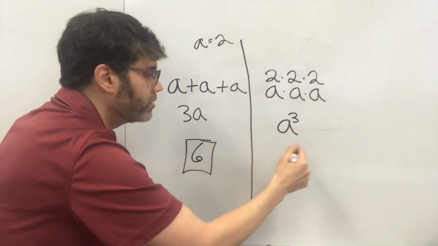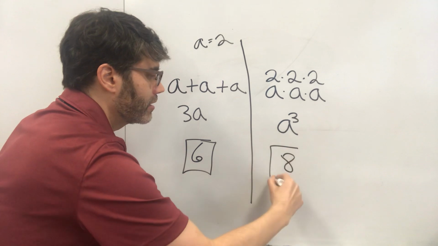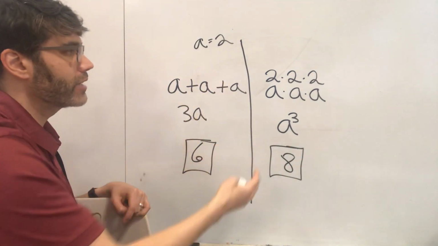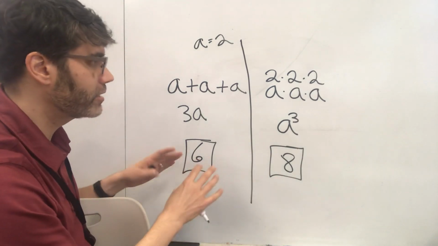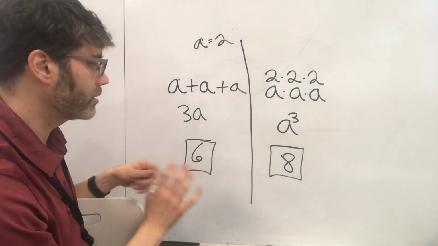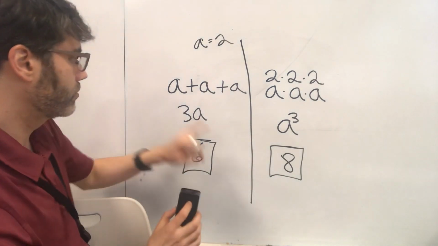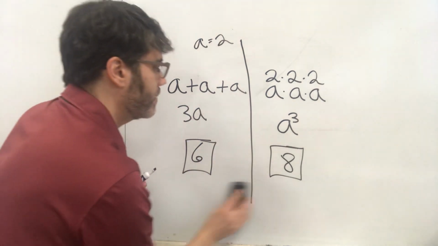A cubed, in this case, would equal 8. And the larger the numbers get, the larger the differences are. So it's very important to see that these are absolutely separate things. I just wanted to point that out.